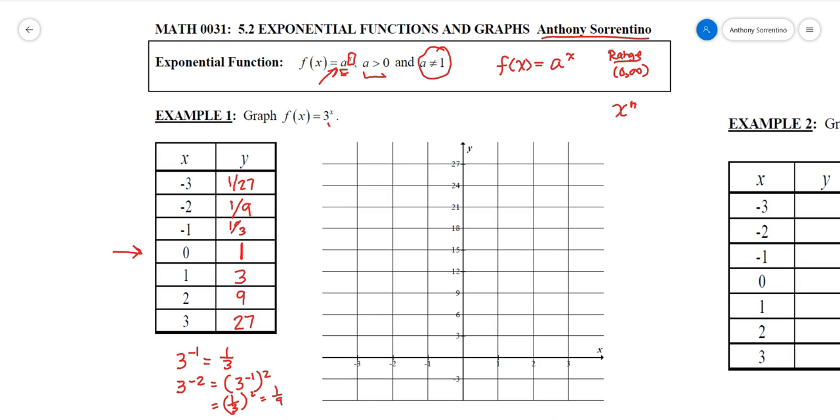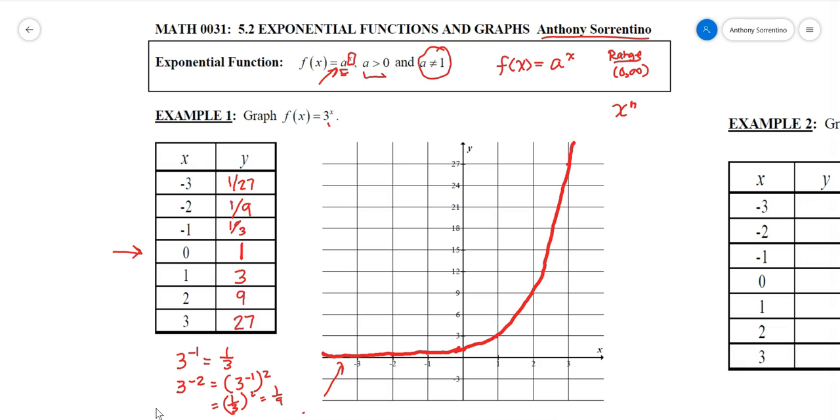So if I plot these points, now the (0, 1), (1, 3), (2, 9), and (3, 27) are pretty easy to graph with the way this is scaled. The 1/3 and the other ones are getting pretty close to being nothing. But my graph for this function looks generally like this.